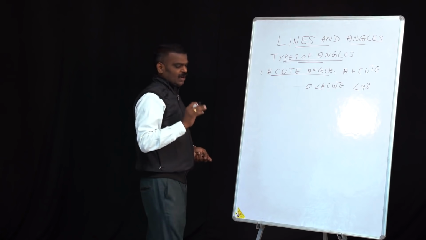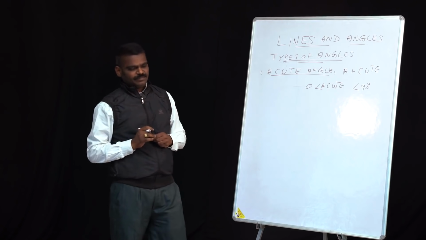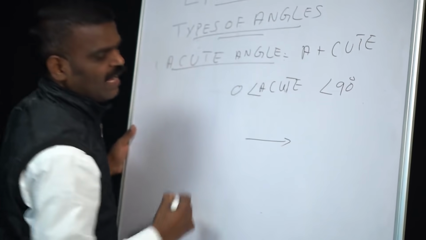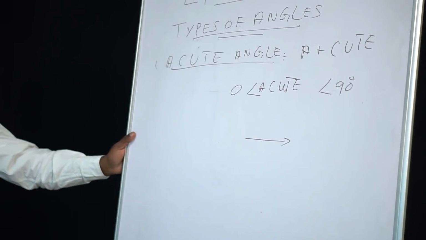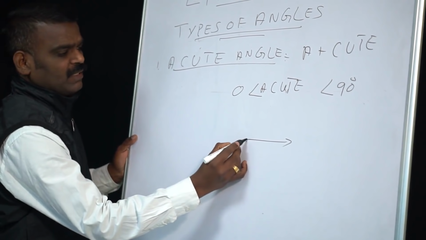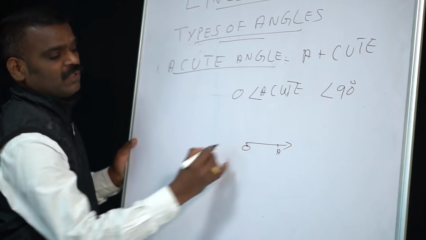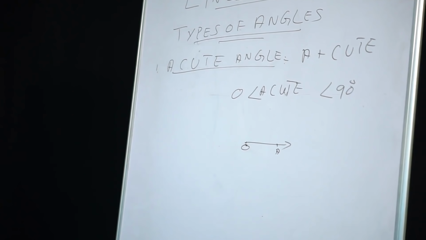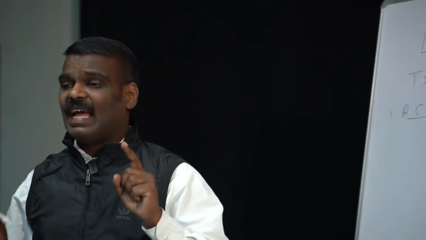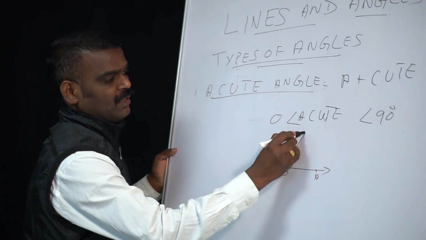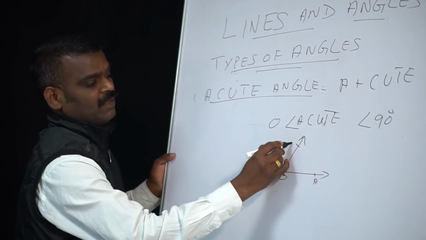Now, how to draw acute angles? You already learned how to draw angles, right? The starting points of two rays come together, they form an angle. Yes or no? That's what we learned. So, one ray AO, another ray BO.